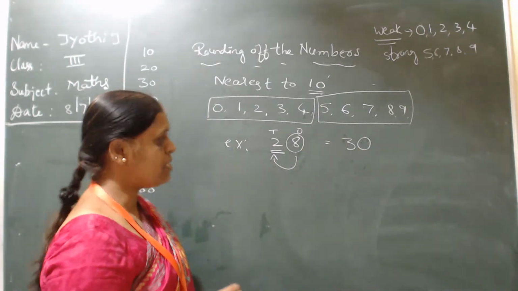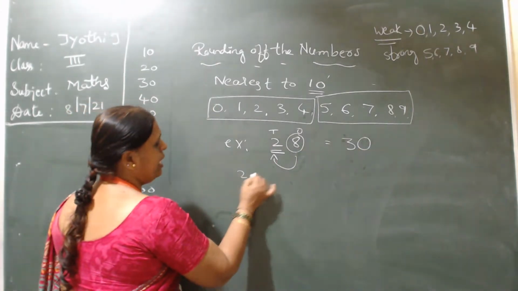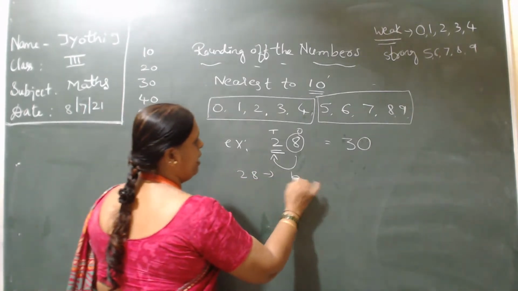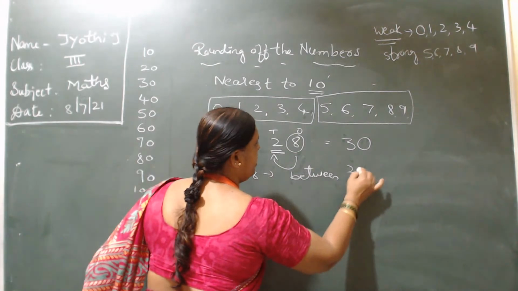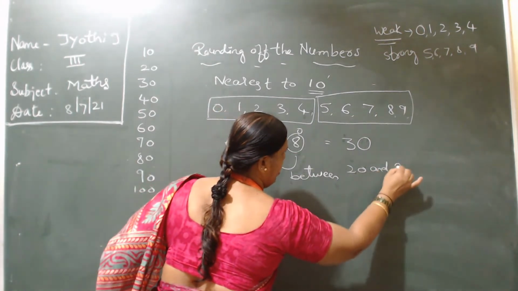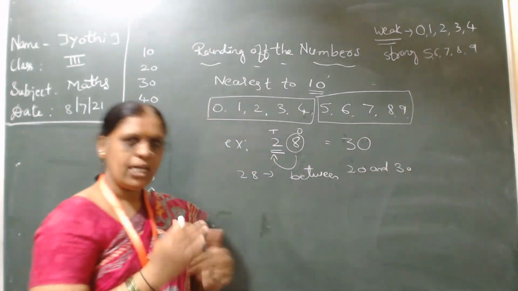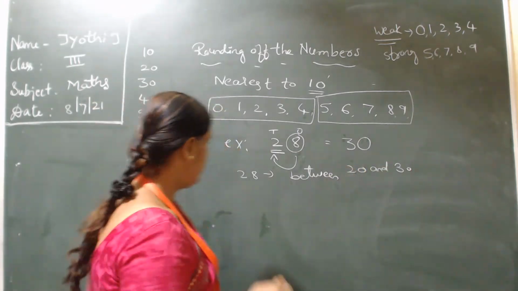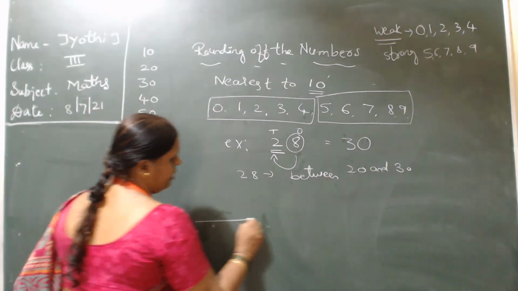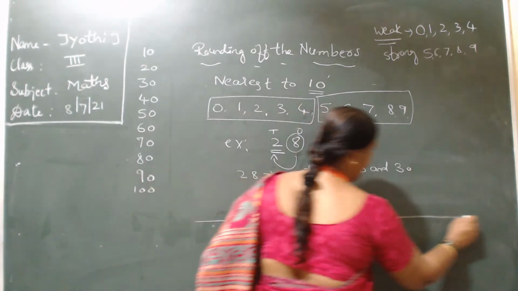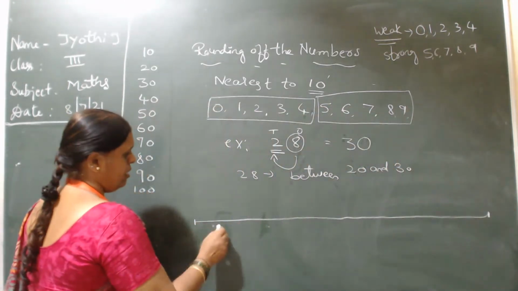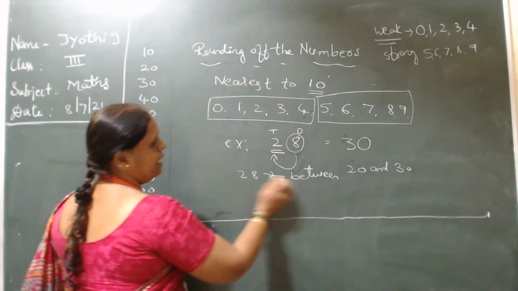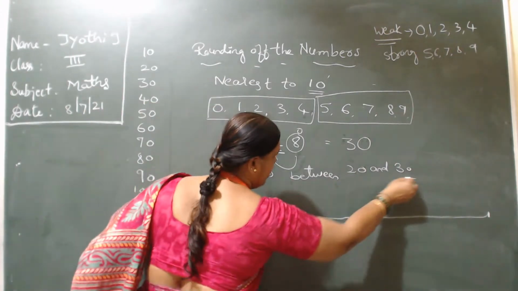How is it nearest to 30? This 28 comes between 20 and 30. If we check on the number line, 28 lies between 20 and 30.